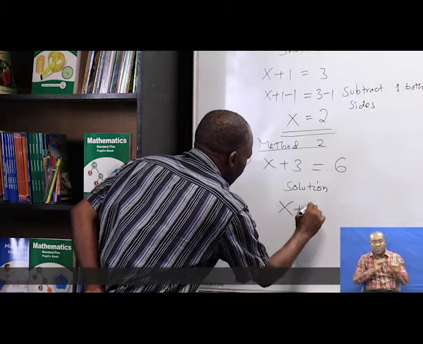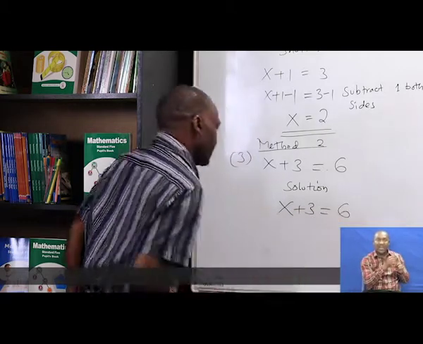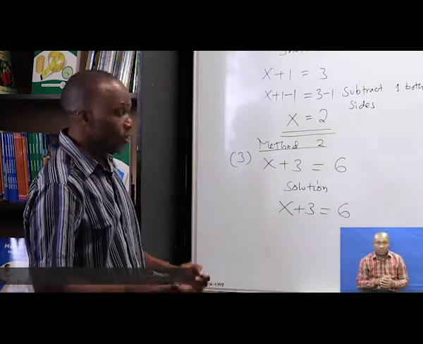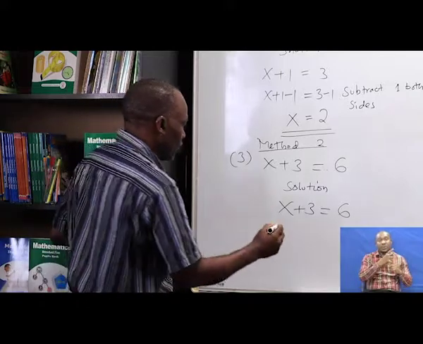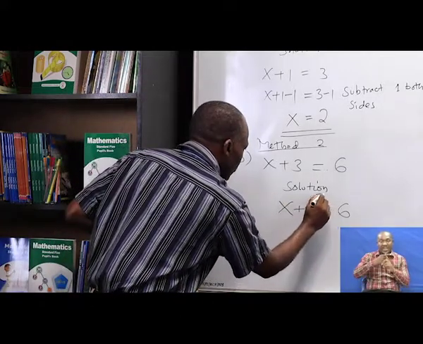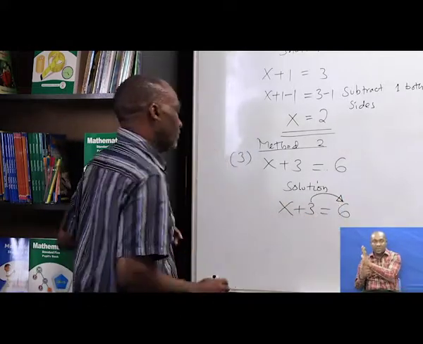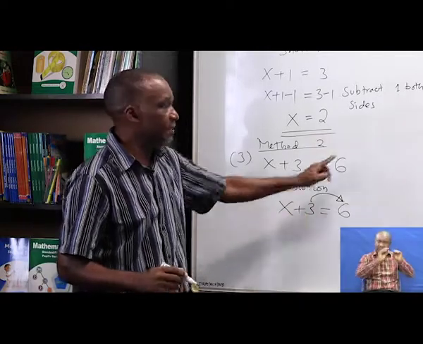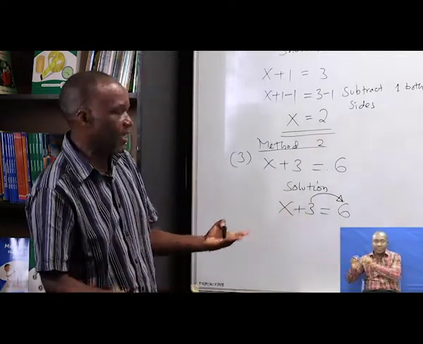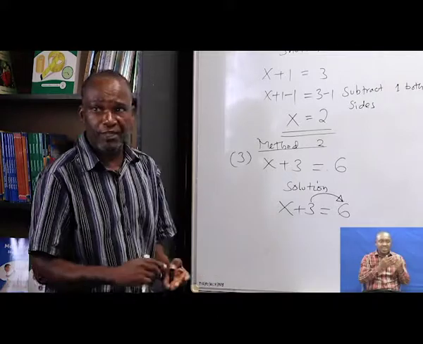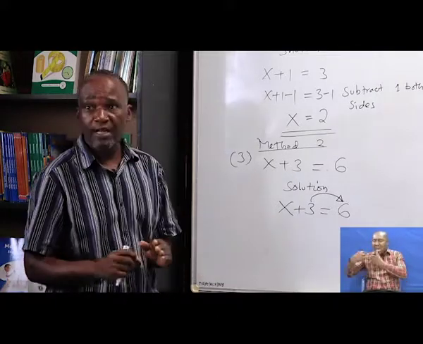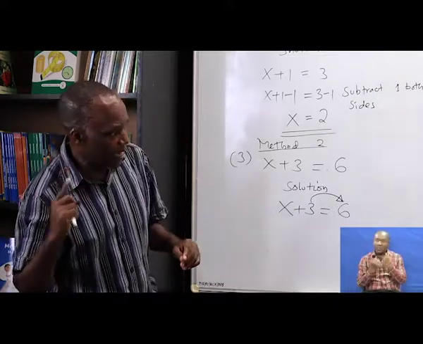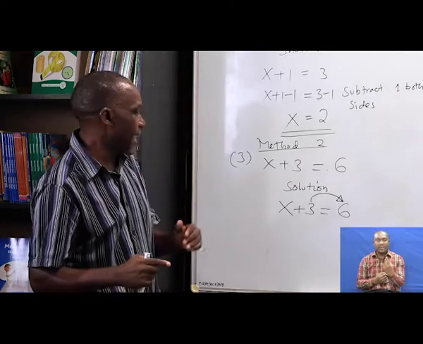x plus 3 is equal to 6. So use arrows. You need to shift. You are taking 3 to the other side. There is no repetition of minus 3, minus 3. You are doing it only once, and then you are going to get the answer as fast as possible.